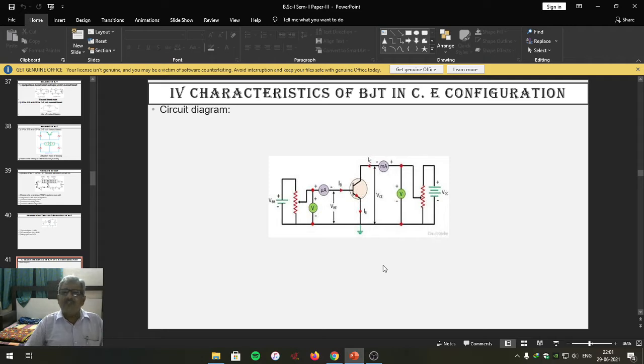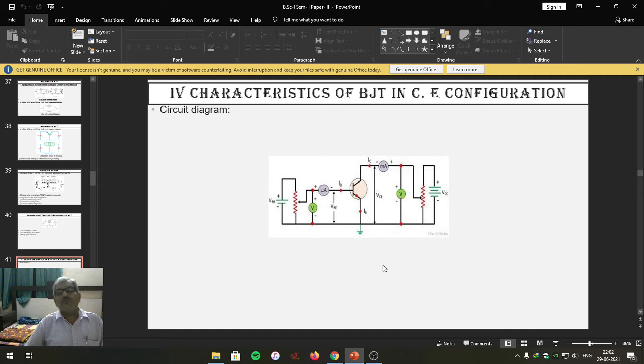By definition, we can say it is a graph of current passing through the device versus voltage developed across that particular device. Accordingly, here we are going to plot the graph of current passing through the BJT against voltage developed across the BJT.